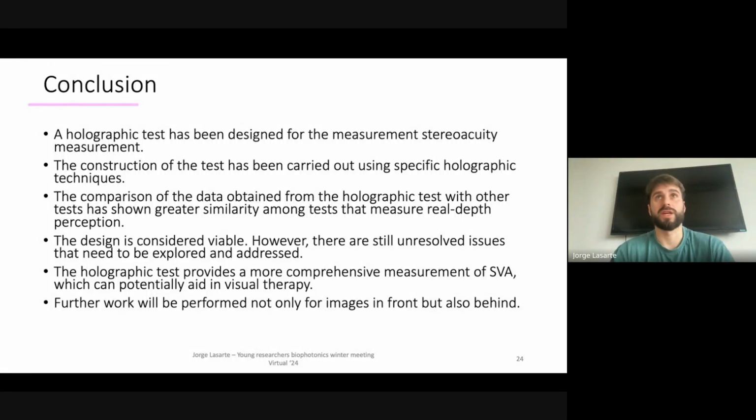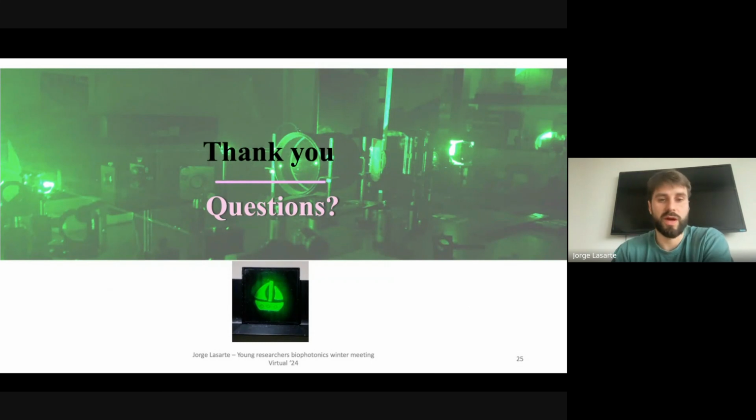This would be a much more compact, easy approach, especially for kids. And even though further work could be performed, basically the technology stands as something that holds huge promise for the future. So thank you, and if you have any questions, I'll be glad to answer them.